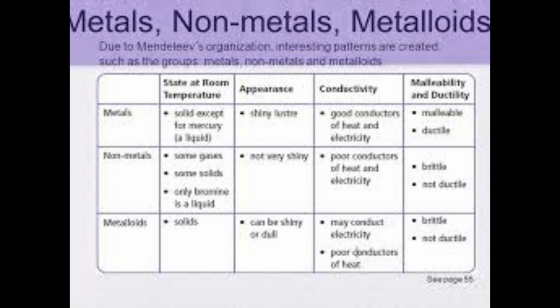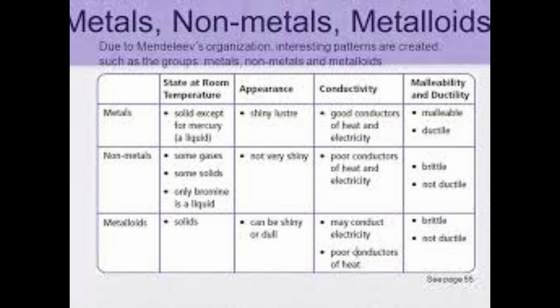Cesium and gallium have low melting points. I repeat children, please note down. Sodium, potassium, cesium and gallium have low melting points. Whereas non-metals have low melting and boiling points, but diamond is an exception, which is a non-metal having very high melting and boiling points.